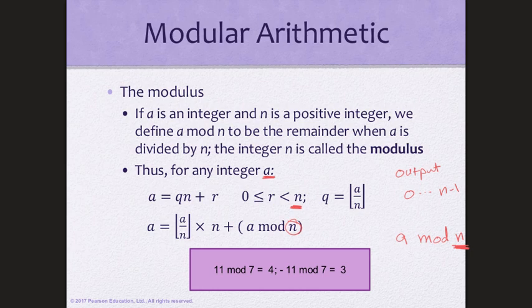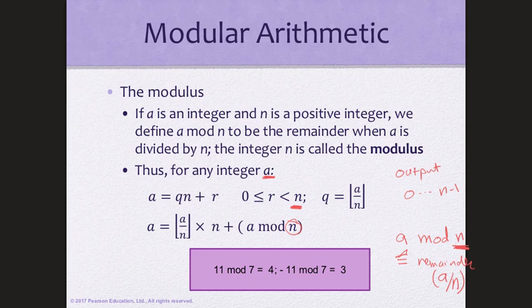And the way we map anything to this domain is by taking the remainder of dividing any value by n. So a mod n is equivalent to the remainder of a divided by n.